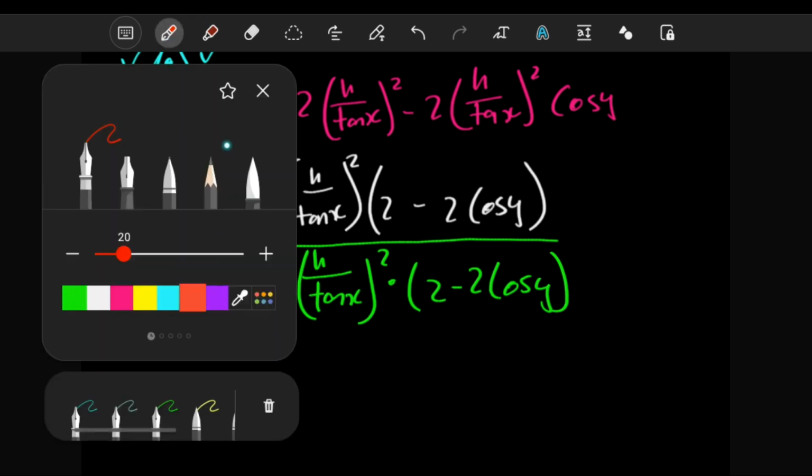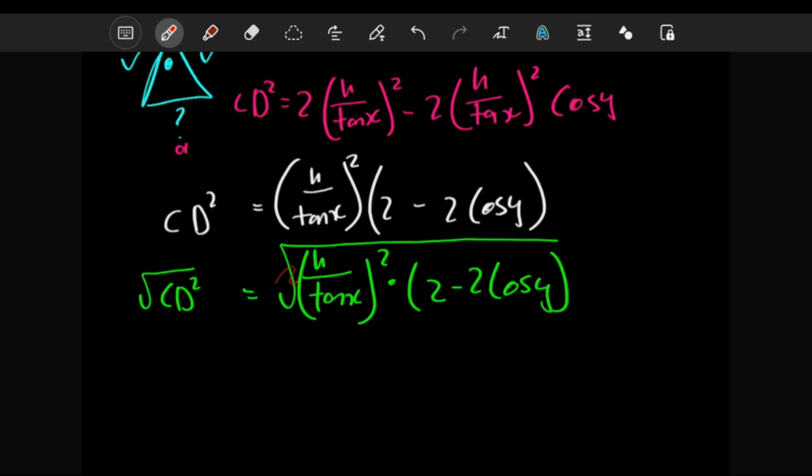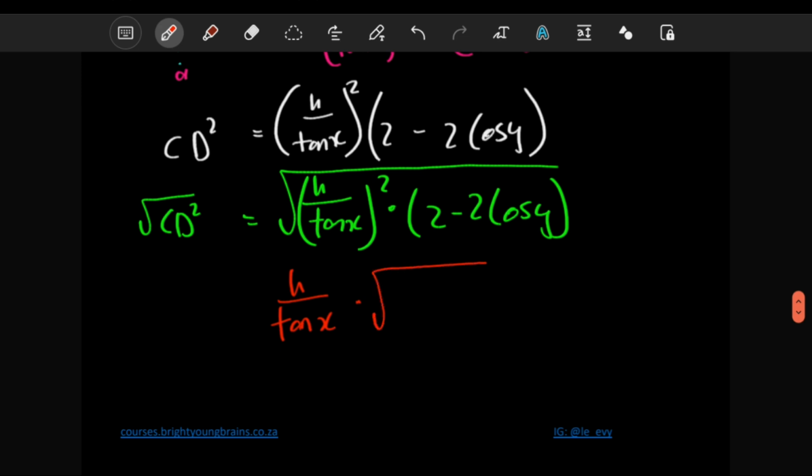So the square root of this whole thing here is just going to leave you with h tan x. However, the square root of this whole thing here, there's no cancelling of any kind there, so the square root is just stuck there.